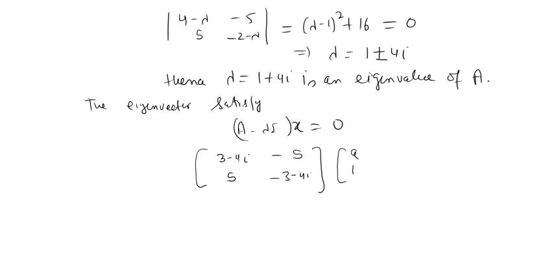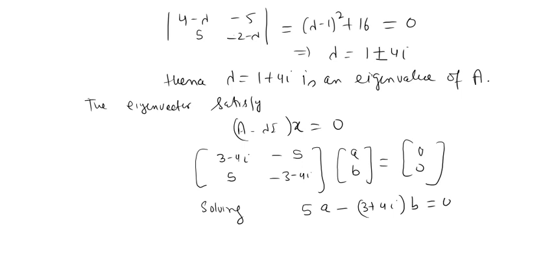Assume x as a, b equal to 0, 0. Just solve this equation. Solving this matrix relation, you get 5a minus 3 plus 4 iota b equal to 0.